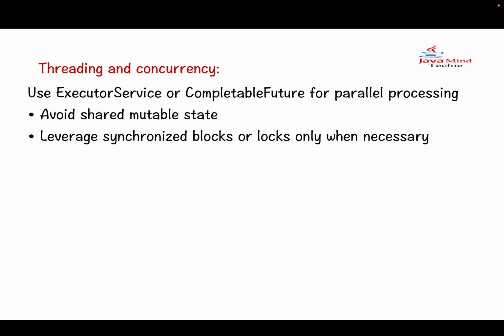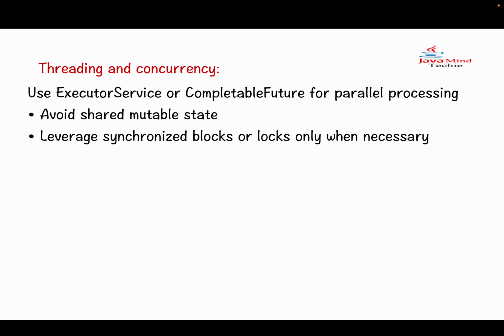Then avoid shared mutable state; with that also our threading and concurrency will improve. Then leverage synchronized blocks or locks only when necessary. I already explained this in my multithreading playlist.